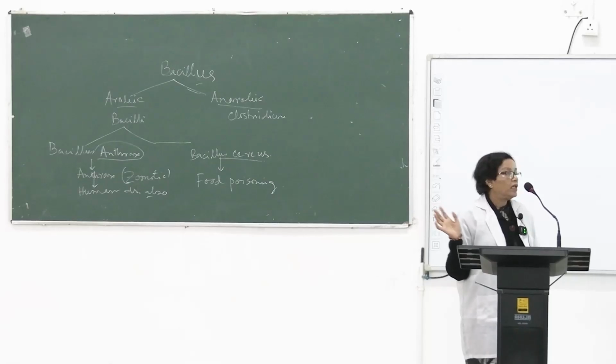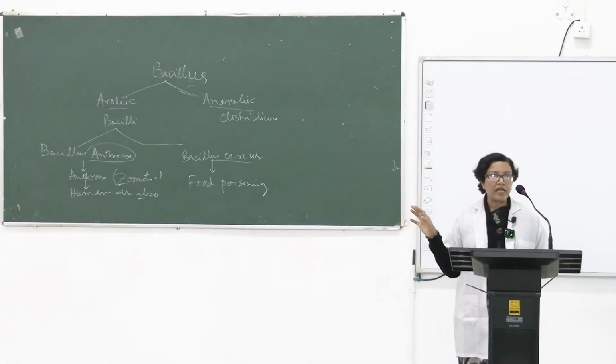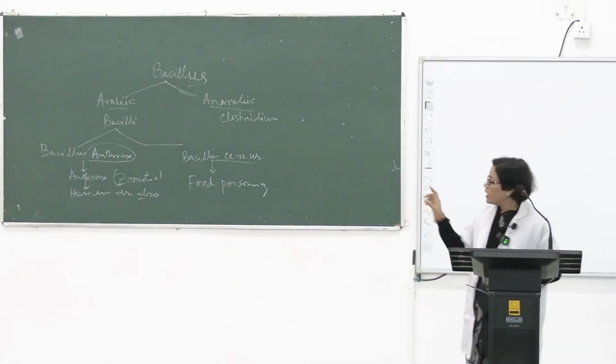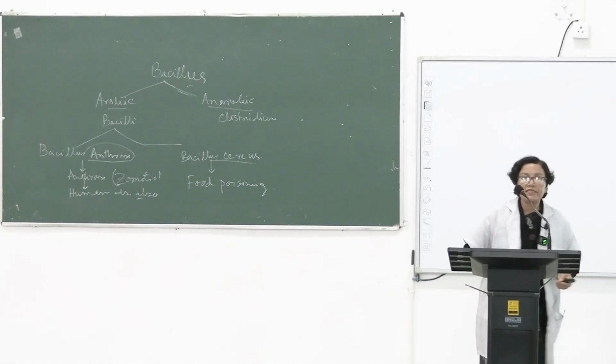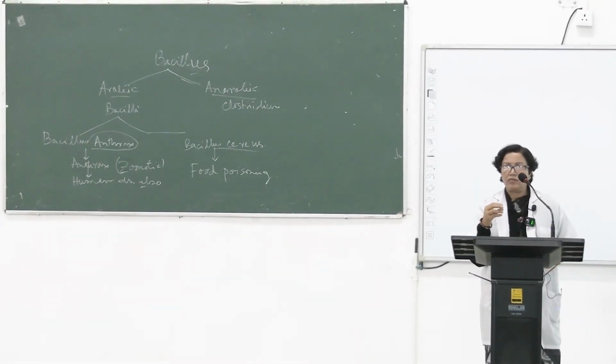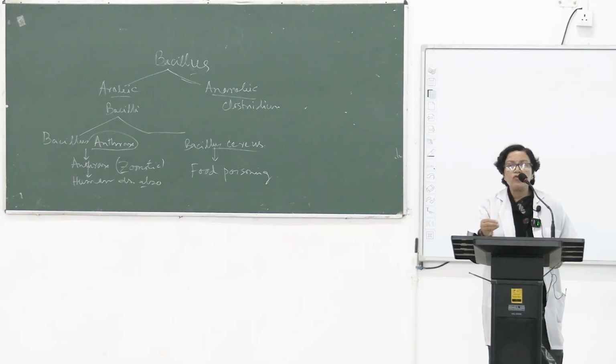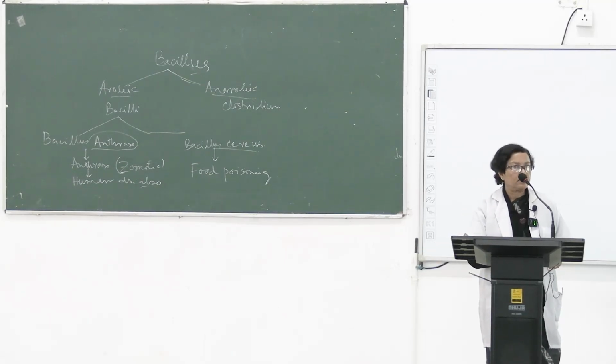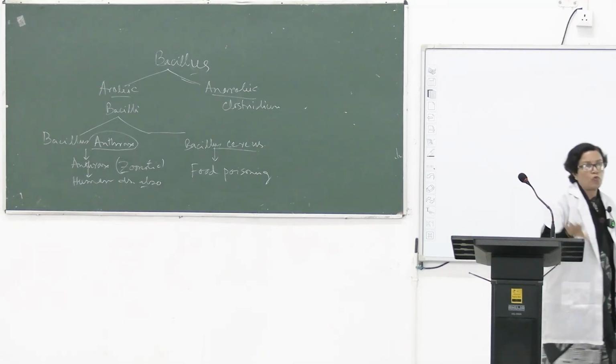When an animal is suffering from anthrax, during coughing and from the oral route, nasal route, and rectum, bacilli are shed on the soil when grazing. In the soil, it develops into spore.